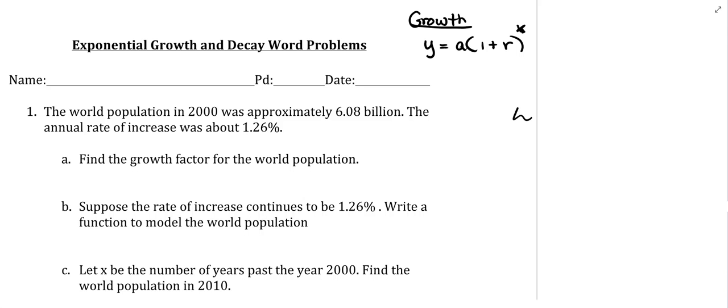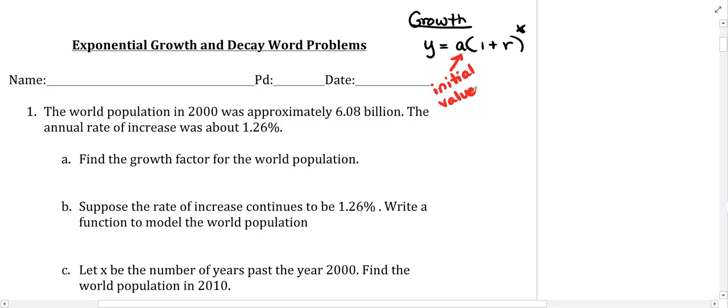The things to remember from here are that a is equal to our initial value. This whole thing right here in blue is equal to b, and this is the growth factor since this is a growth problem.